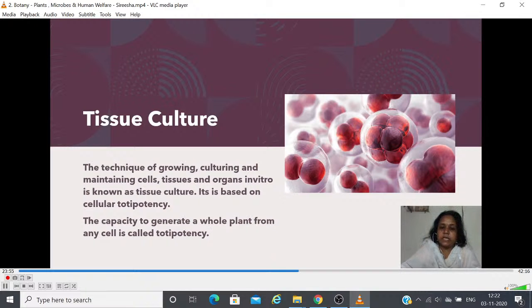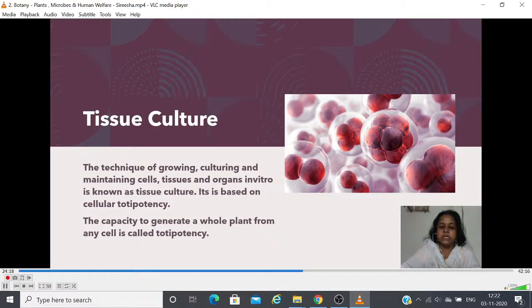So this is one technique where there is culturing of the cells, tissues or organs of the desired plant. We take a small amount of the cells or tissues, and we grow them into a number of plantlets.